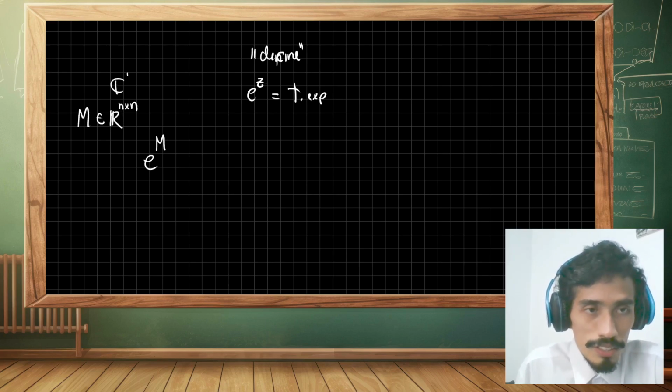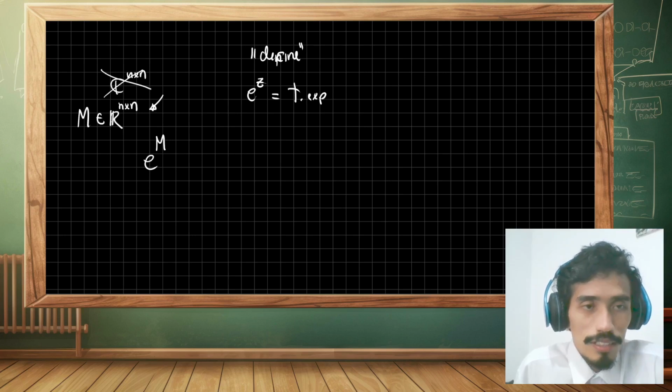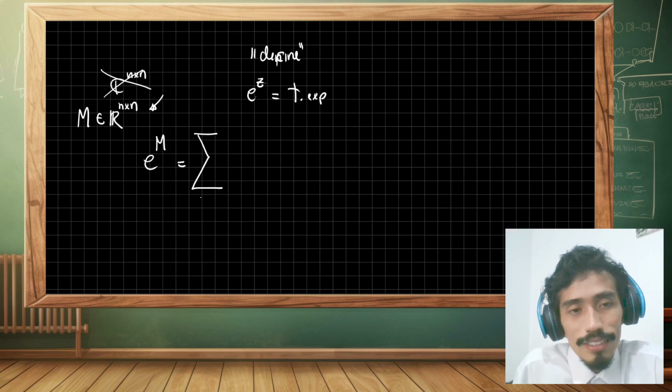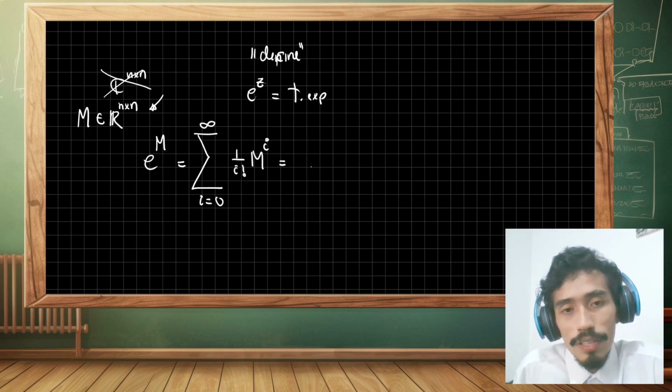It is not the complex vector space; at least at this level, we will start with matrices with real coefficients. So these will be defined by this series, which is exactly the same as with the complex exponential.